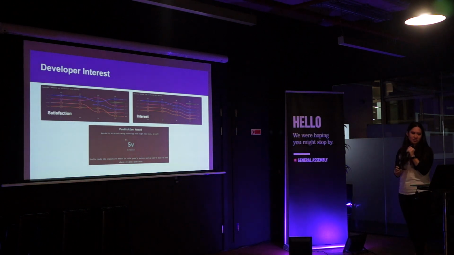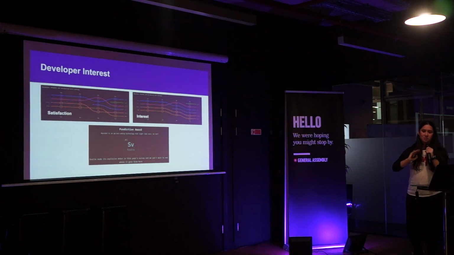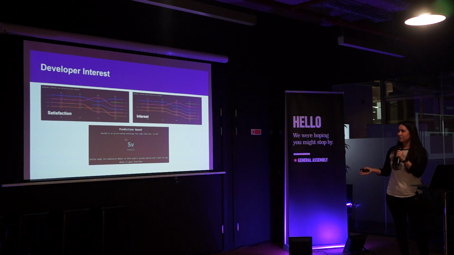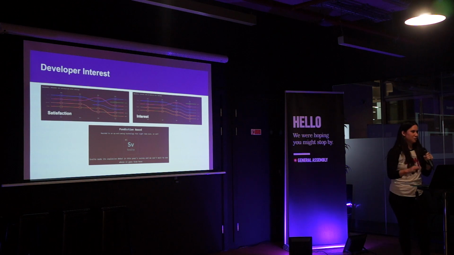Cool. Just to add on to that, this was taken from stateofjs.com. This was a developer survey from 2019 on interest and satisfaction in terms of frameworks. I just thought it was worth showing. I don't think you can see that, and I really don't want to zoom in just in case I touch it.